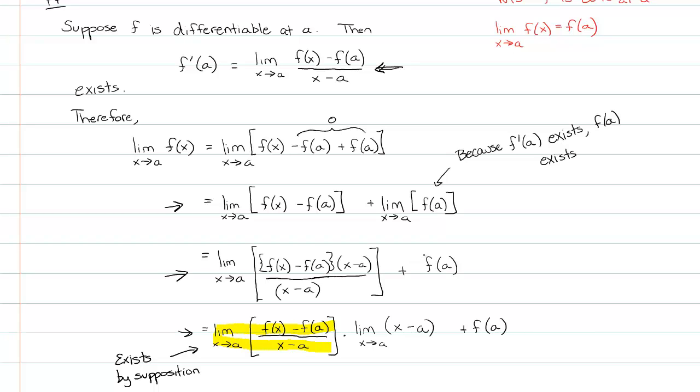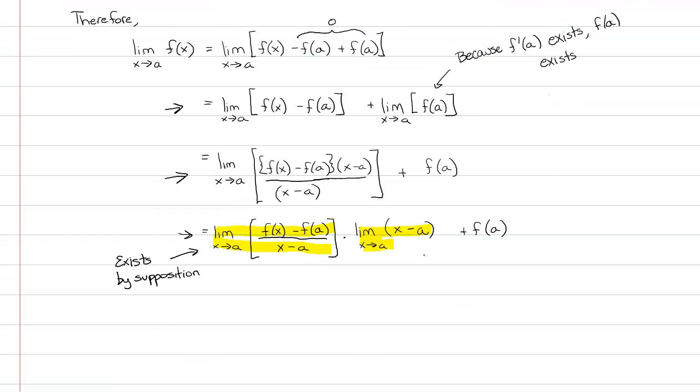The second part of the split is okay as well, because the limit as x approaches a of x minus a is just a minus a, or 0. So this is going to equal f prime at a times 0, plus f of a. So the first term is just 0, so this disappears and we get f of a.